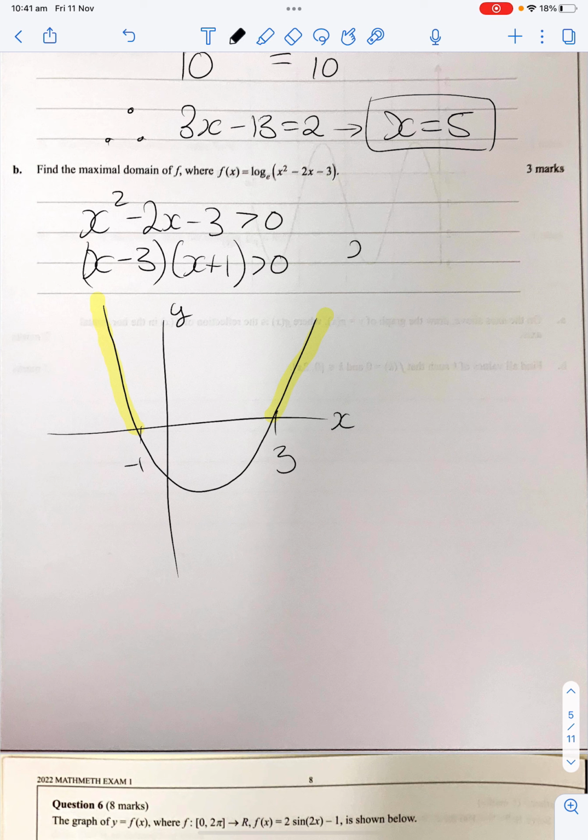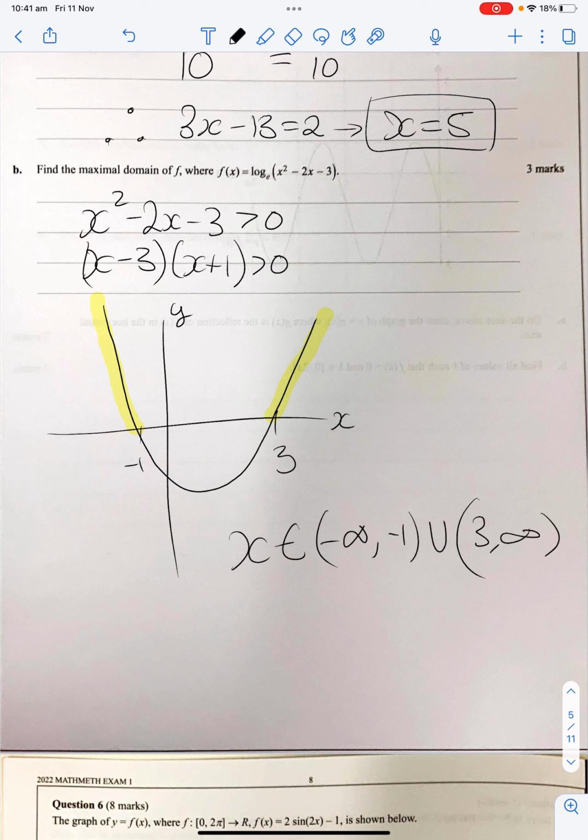So, x is an element of negative infinity up to -1 in union with, make a bit more space here. So x is an element of negative infinity to -1 union 3 to infinity. There we go. Okay. It's greater than, so we're not going to include the 0 points.